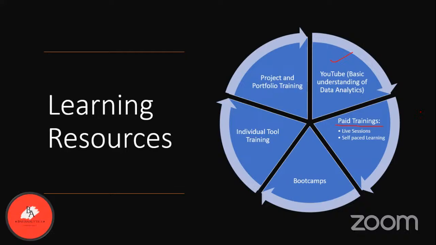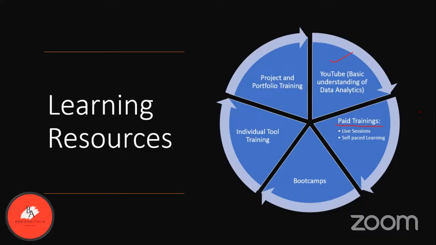After an understanding of that, why paid trainings are required, a structured, a direct mentoring is required. So those direct mentoring will help you a lot. Whenever we are learning by ourselves, if we are doing mistake, no one is there to tell us either we are correct or not.